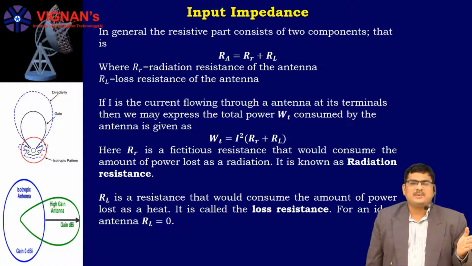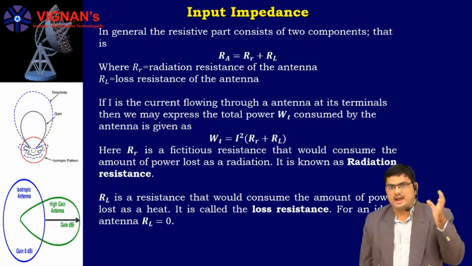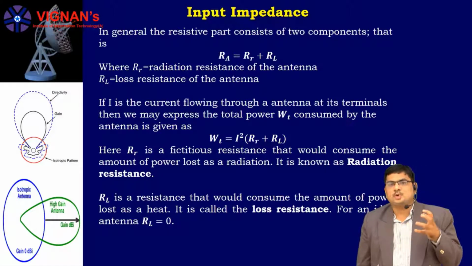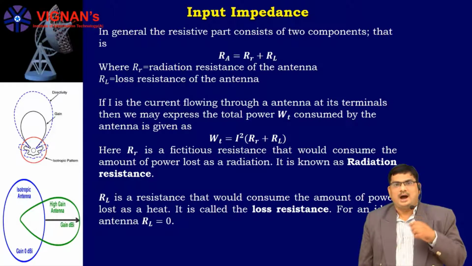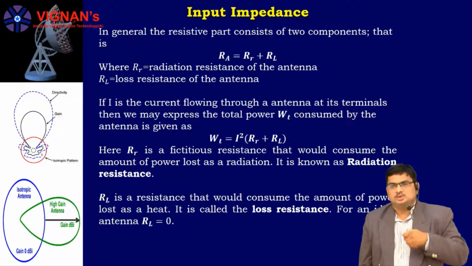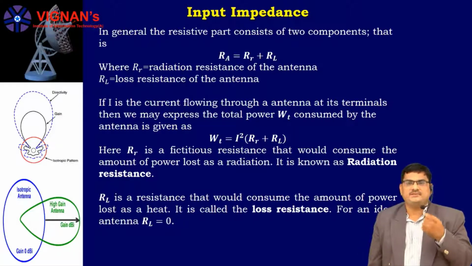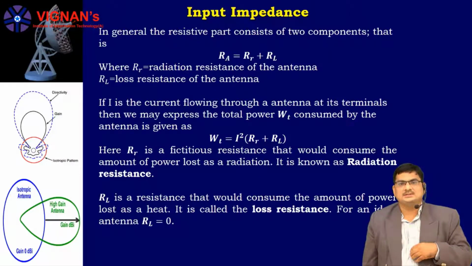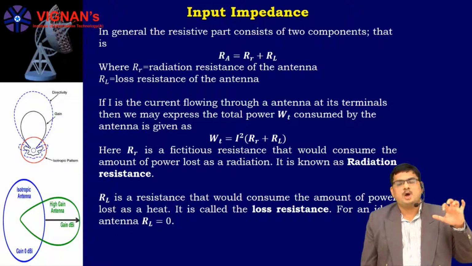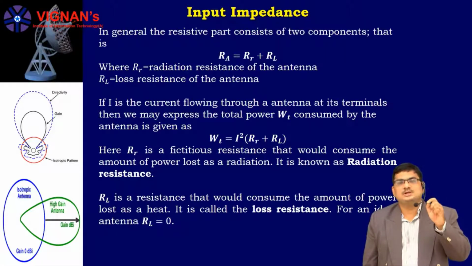If we apply the current through the transmission line, the total radiated power W equals I squared into RR plus RL, that is the radiation resistance plus the loss resistance. For an isotropic antenna, the antenna will radiate uniformly throughout 360 degrees, so R loss is equal to 0.